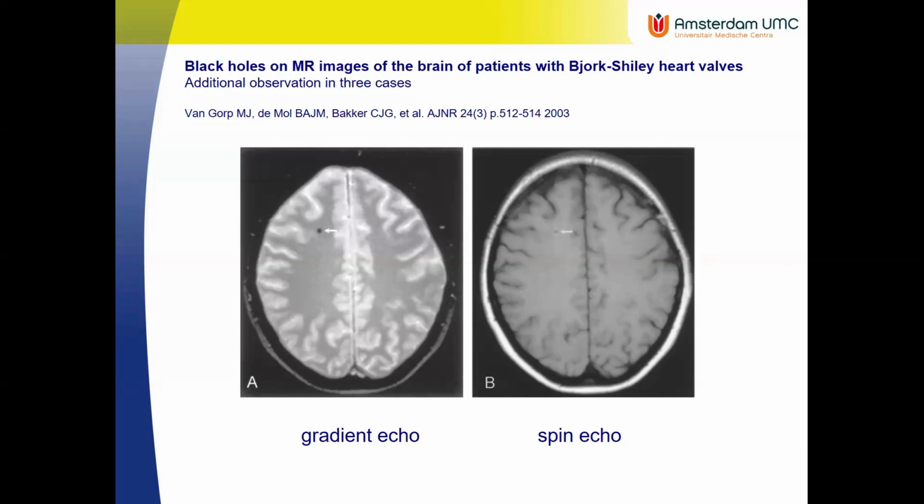If you have a really short echo time, it doesn't have the T2 star weighting, and that means you can use it for T1 contrast, because you can do a rather short repetition time, or you can combine it with an inversion pulse to create T1 contrast. So the gradient echo is not only used for T2 star imaging, but also for T1 imaging with a very short echo time. And if you want T2 contrast, you really need a spin echo.